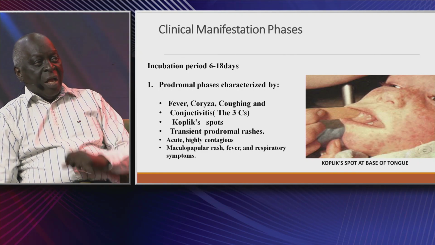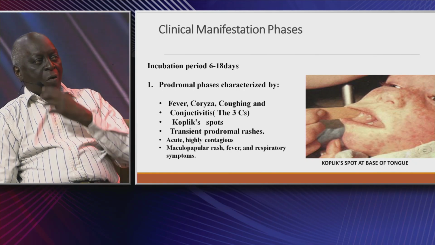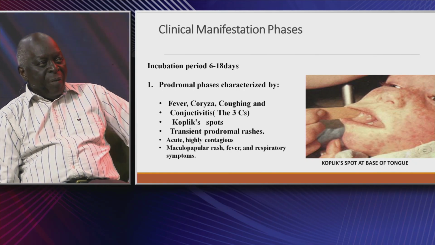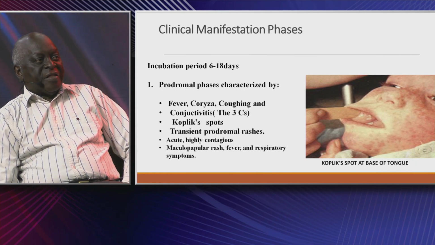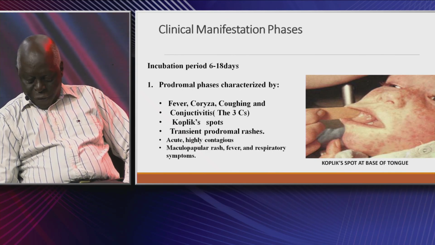If there's a white exudate, like we are seeing in this picture, you have every cause to suspect measles. That is Koplik spots. It's acute, highly contagious. Maculopapular rash, fever, and respiratory tract symptoms follow after this.